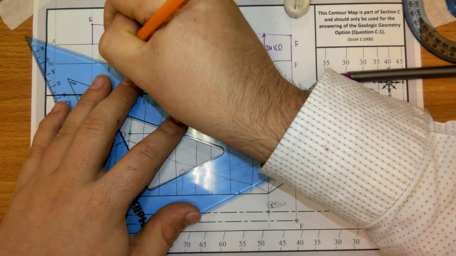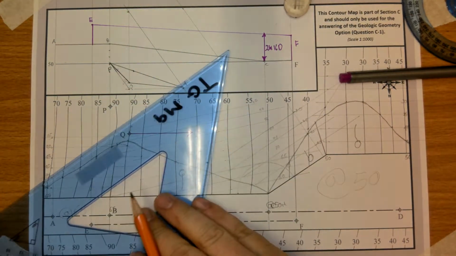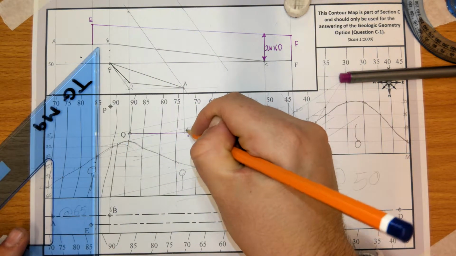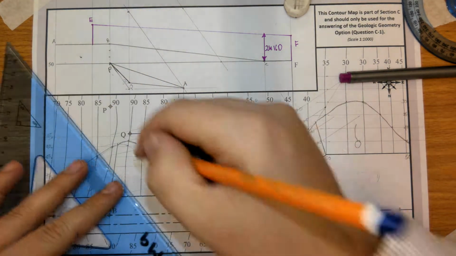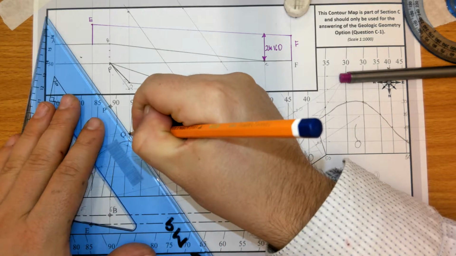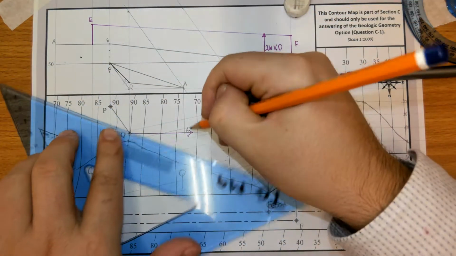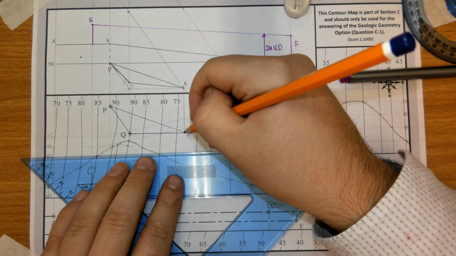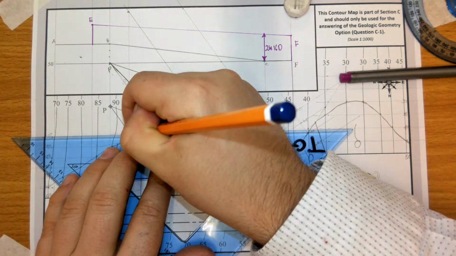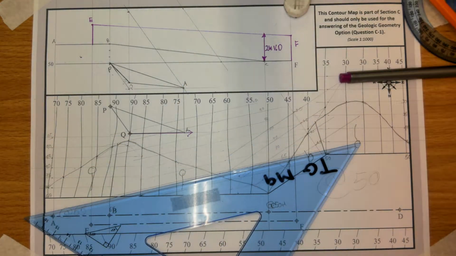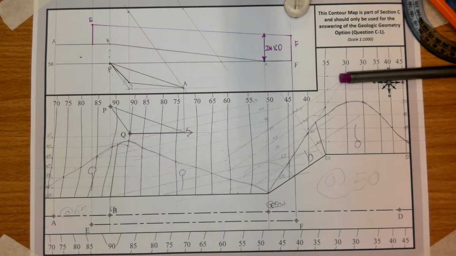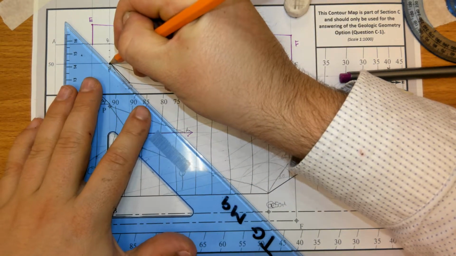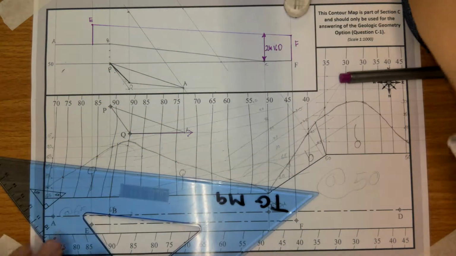A joins to P. Now point A is drilled in an easterly direction, so it's on this line straight across from Q. Q joins to P, and A to P, and A joins to Q. Right, now we've determined the strike and dip of that triangular surface. In order to do that, we need to see that triangular surface as just a line.